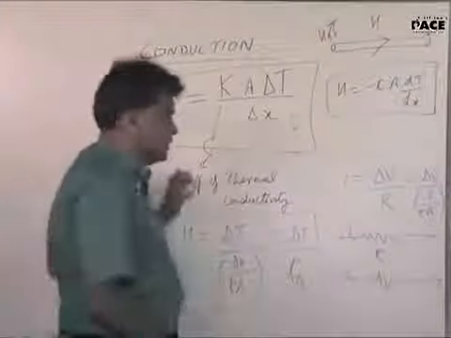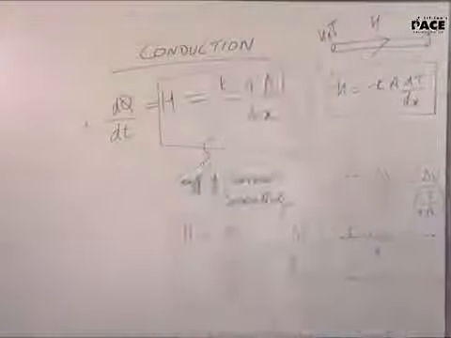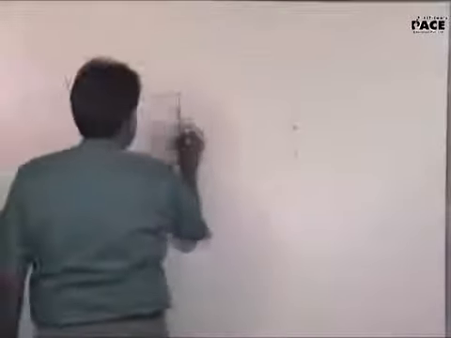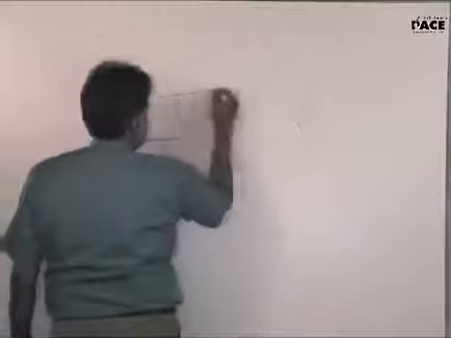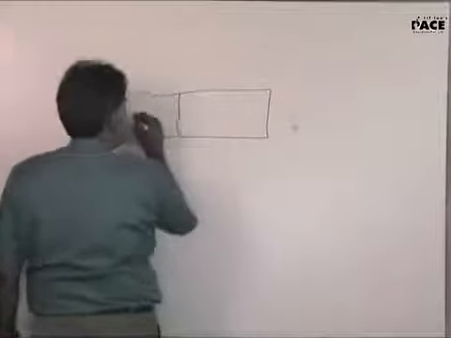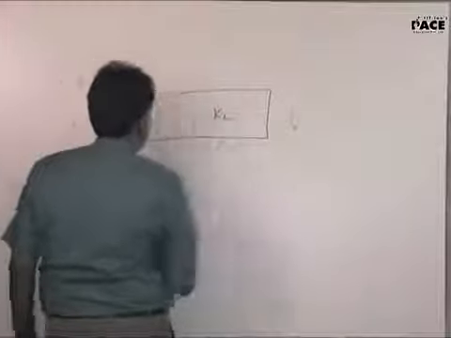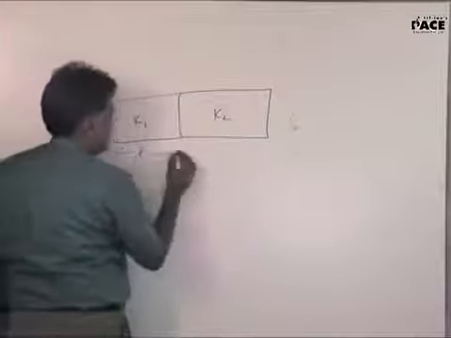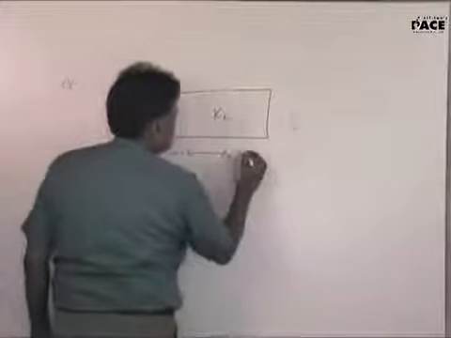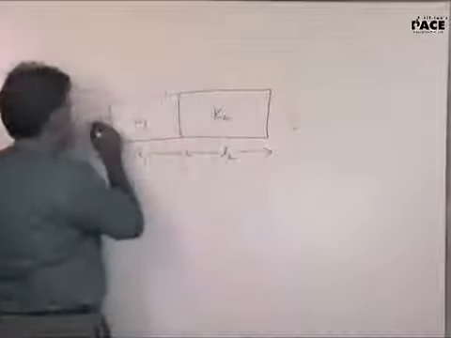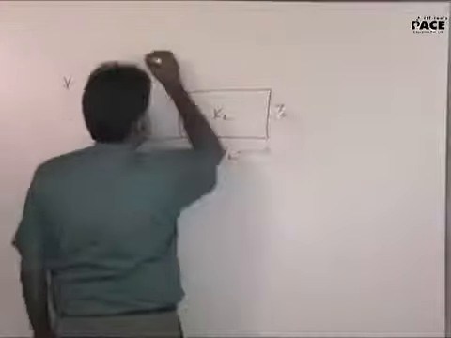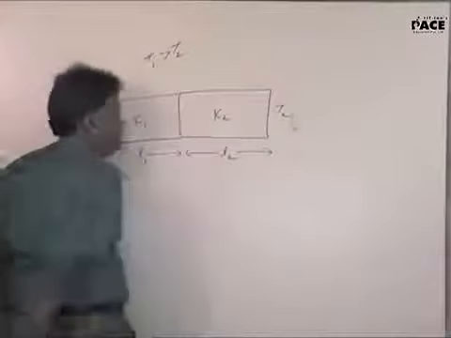I'm going to give you a question now. We have two slabs, K1, K2, of length L1 and L2. The temperature here is T1, temperature there is T2. Let's assume T1 to be greater than T2.